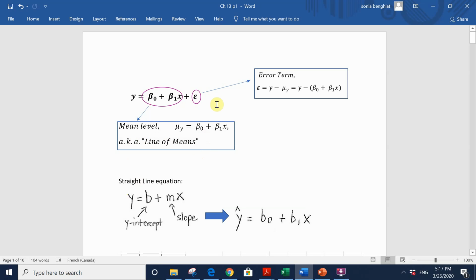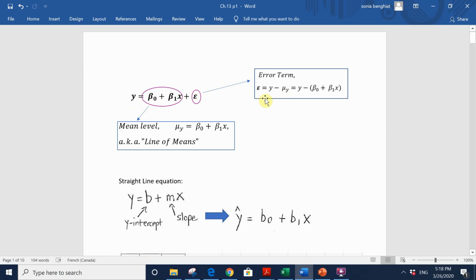Then the other component that we're going to look at in a simple linear regression model is the error term, otherwise denoted by epsilon. The error term over here is simply the difference between your observed y and your mean level. And hence, the error term accounts for this random component that you get in a simple linear regression model that causes the y's for each x to deviate from the mean level.